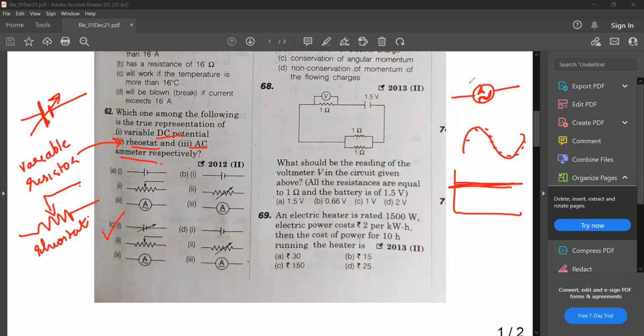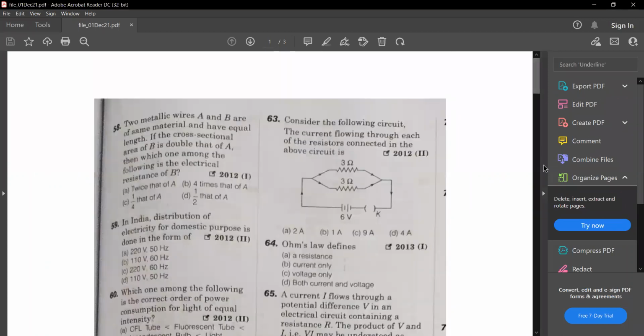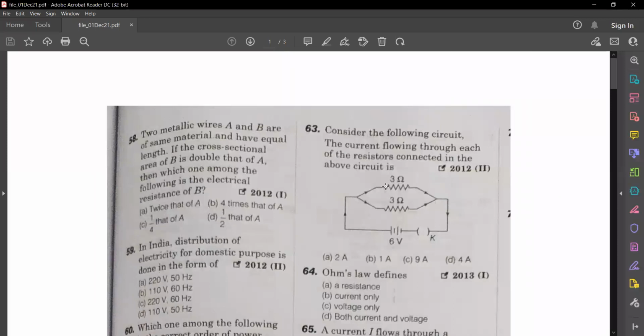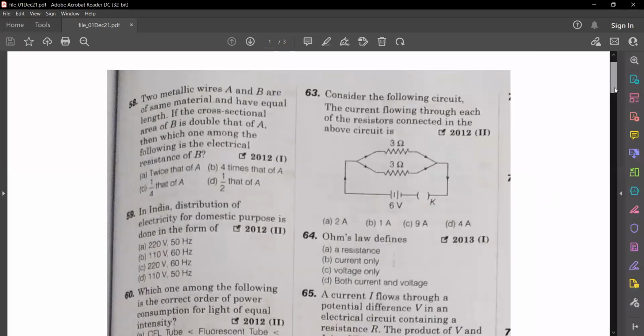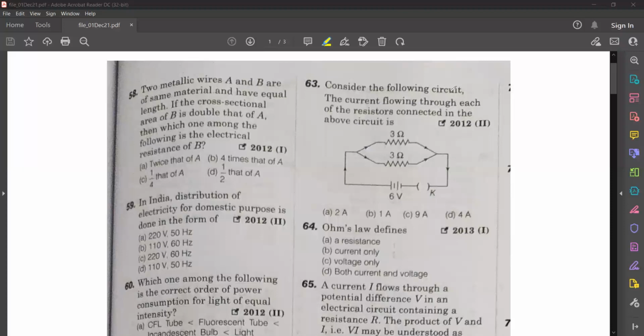So moving to question number 63. Consider the following circuit.